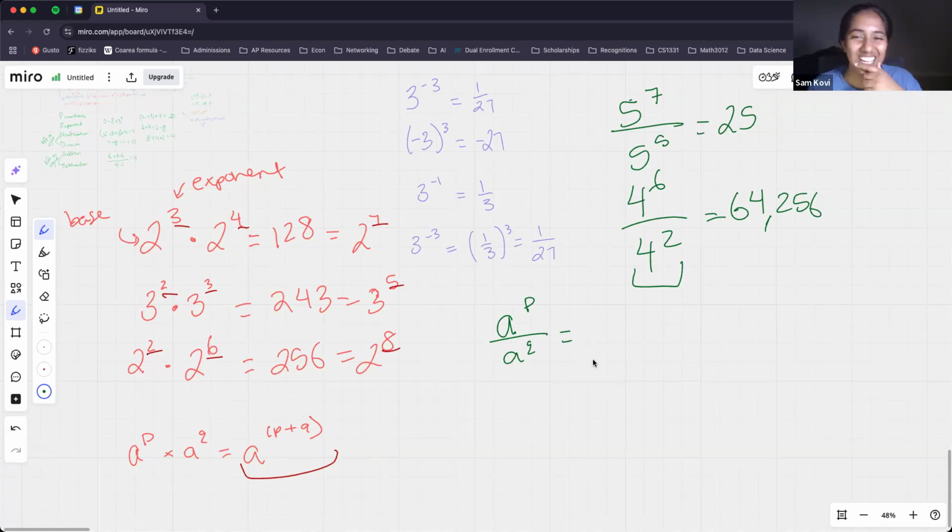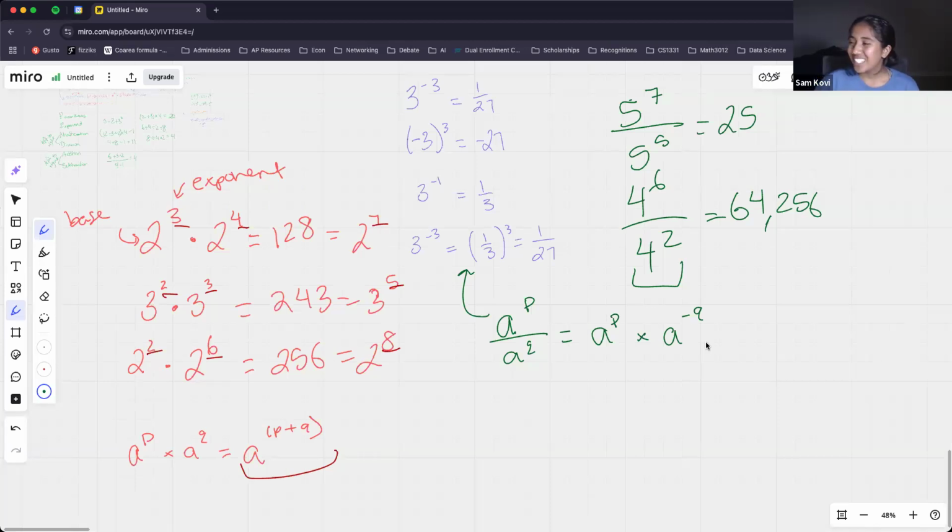Think about what we did over here. A to the power of negative q. Very good. So this would be a to the power of p times a to the power of negative q, right? Because a to the power of negative q is 1 over a to the power of q.